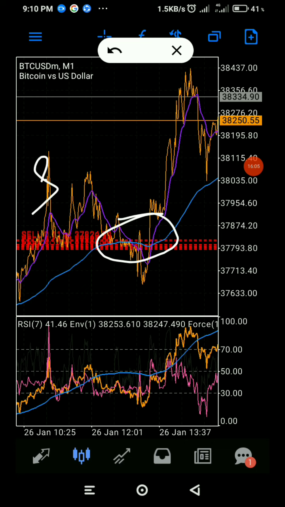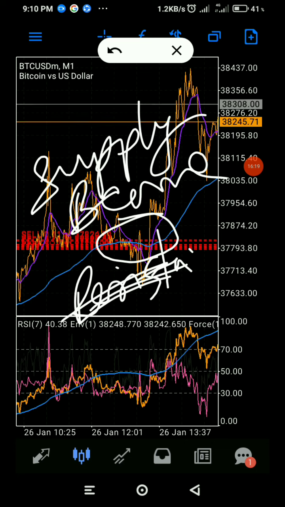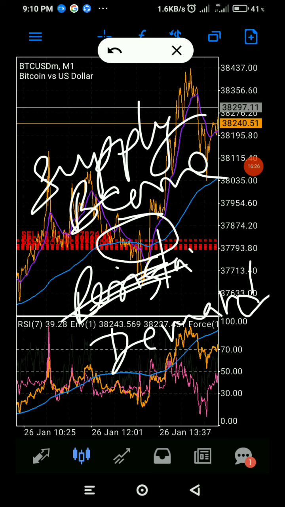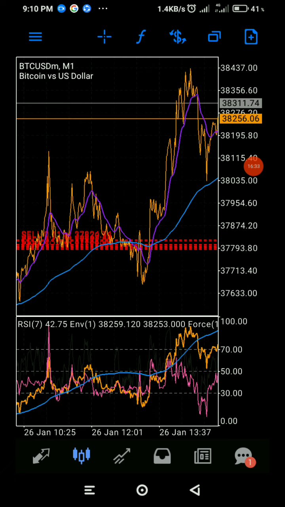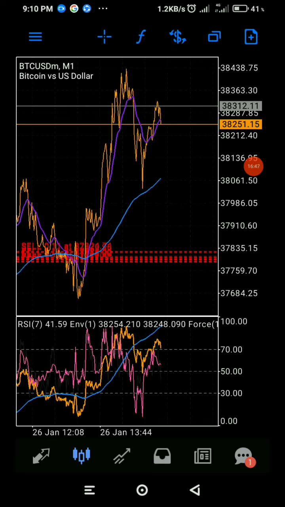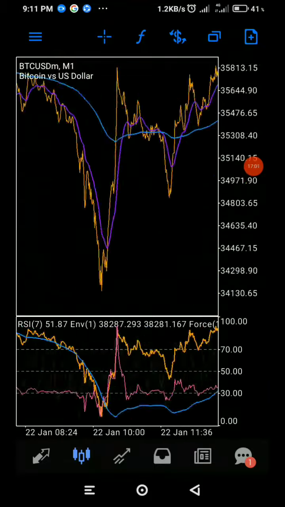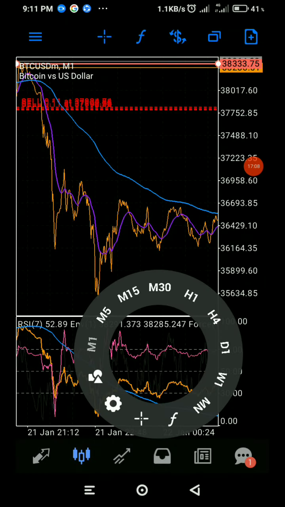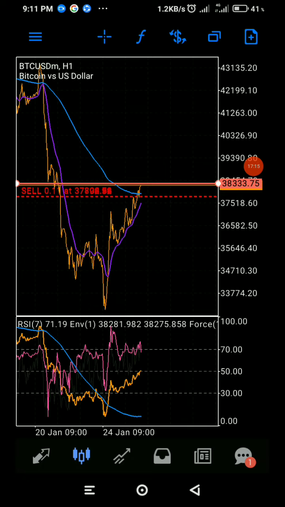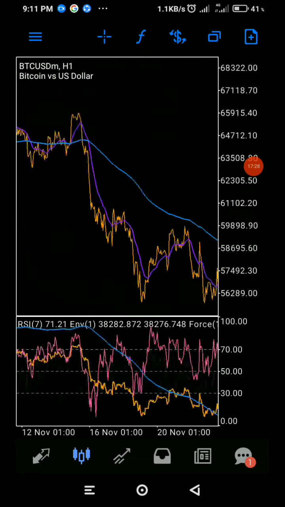So we're taking sell entries from here, and supply became demand here, so price is going upward. But twin tower formed on 70 and the blue crossed 70, so still I'm waiting to see price coming down from Bitcoin USD. And this is the H1 chart, as you see.